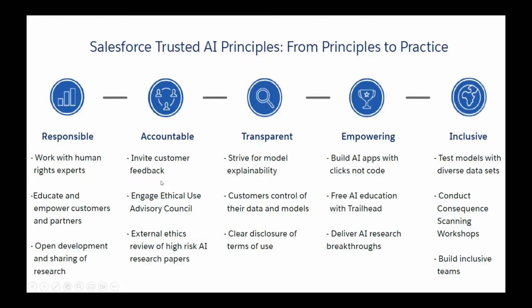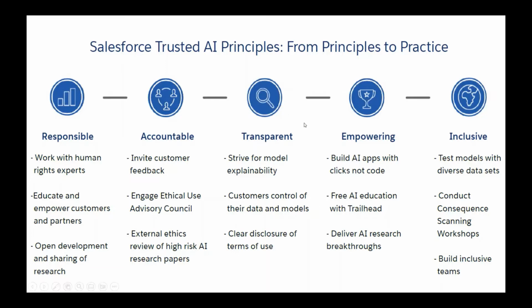Accountability: invite customer feedback, engage an ethical use advisory council, and external ethics review of high-risk AI research papers. That's the part of accountability, that somebody from a third party needs to review and give feedback.